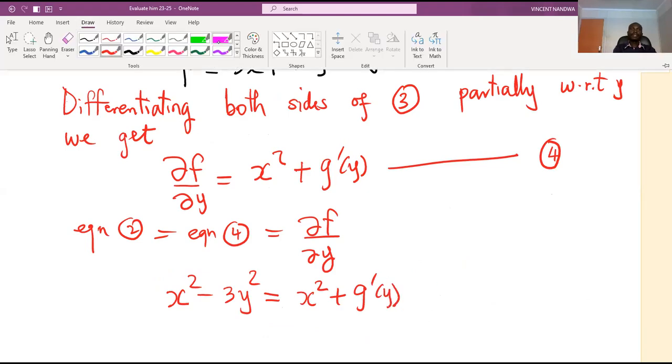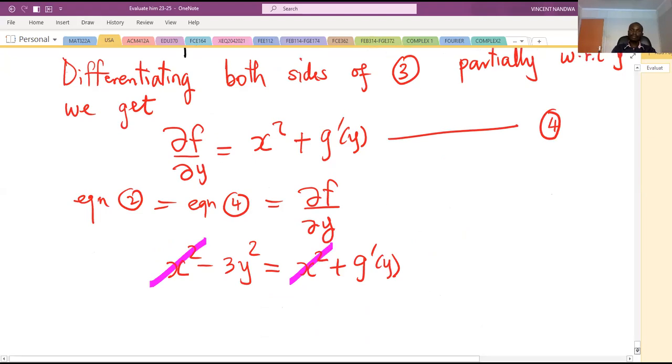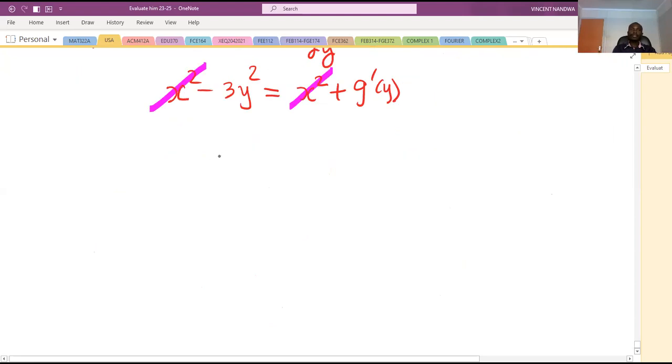In this equality, x squared and x squared cancel, so that we have g prime of y equals minus 3y squared. Call this equation 5.